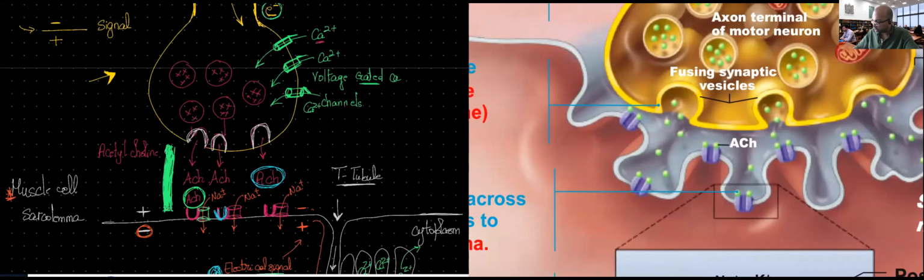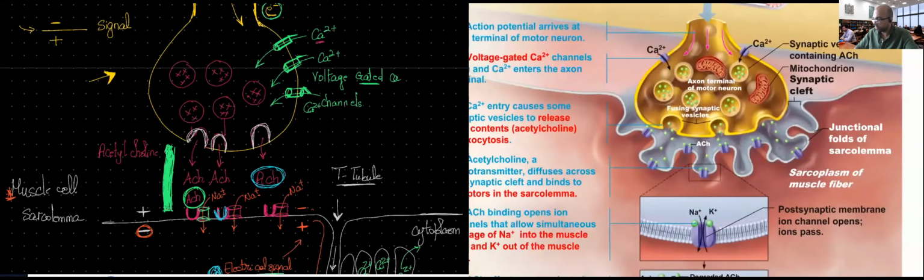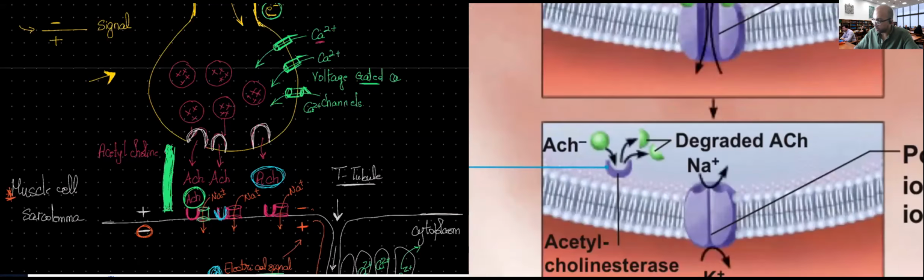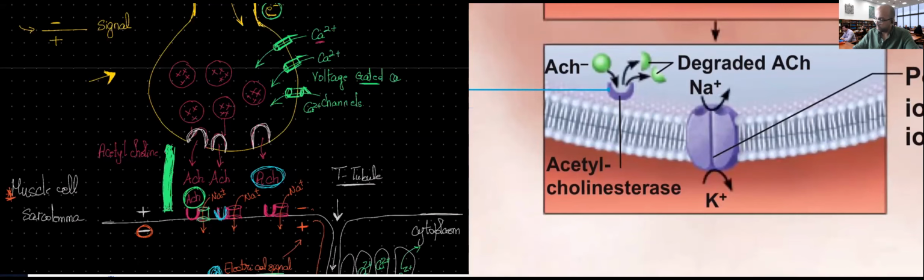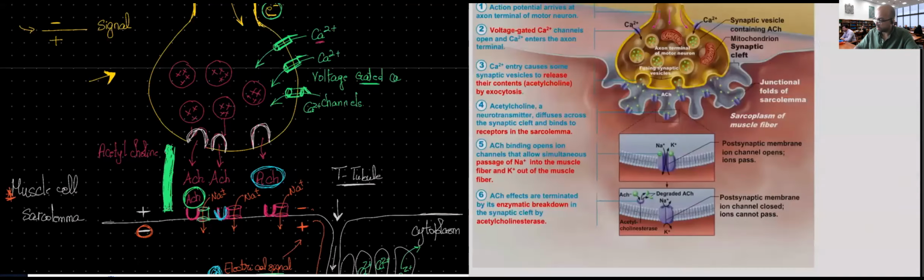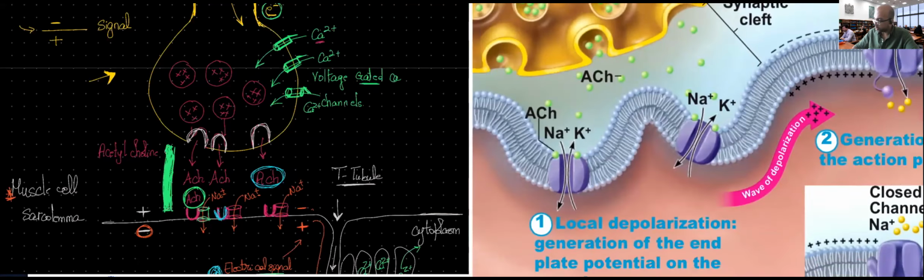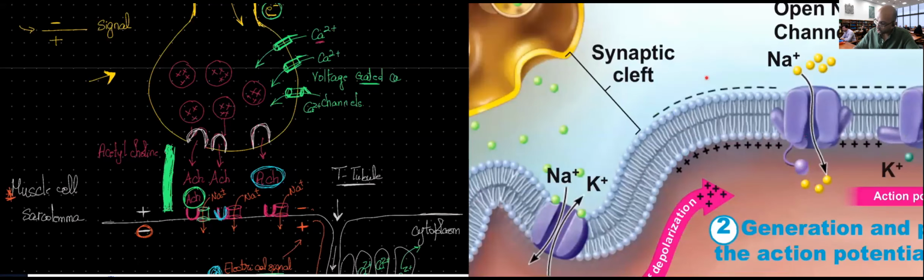As I release the neurotransmitter in the synaptic cleft, the neurotransmitter here, acetylcholine, binds to its receptor, causing the opening of channels, which will allow the sodium in. This sodium, as it travels inside the cell membrane, will cause the change in the membrane polarity.